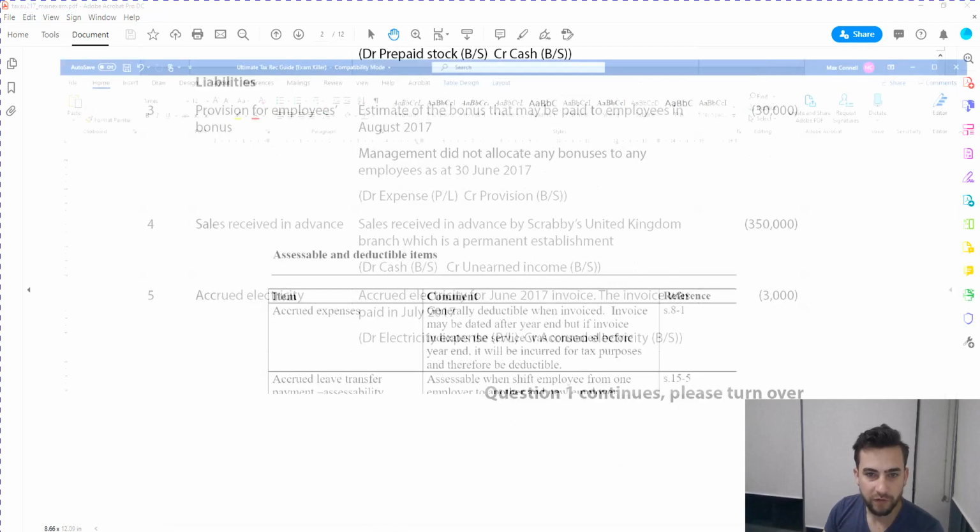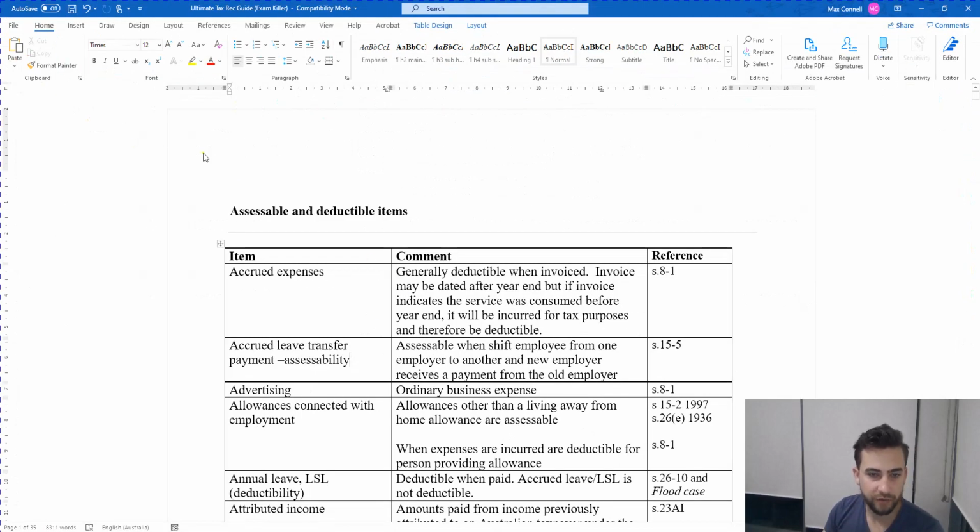So let's have a look in our tax rate guide, starting from the top, accrued expenses. Generally deductible when invoiced. If it's a large business, it's generally when it's incurred, not when the cash is paid. If it's a small business, they might have elected to do it based on the cash basis. But generally, under section 8-1, it's deductible when invoiced.